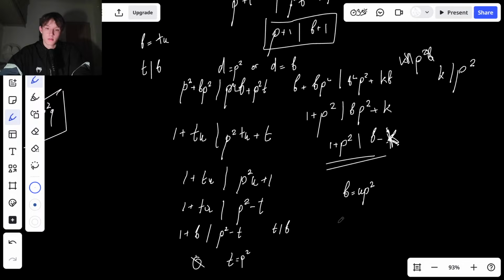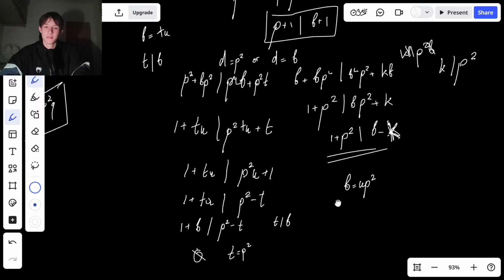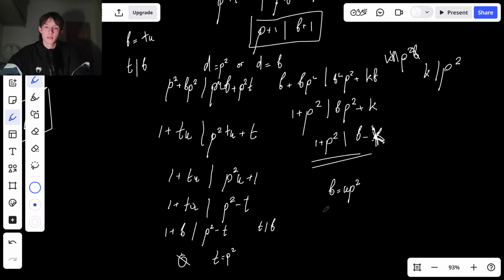From this thing. So we get that n is like p to the power 4 u, and then p plus 1 must divide b plus 1.